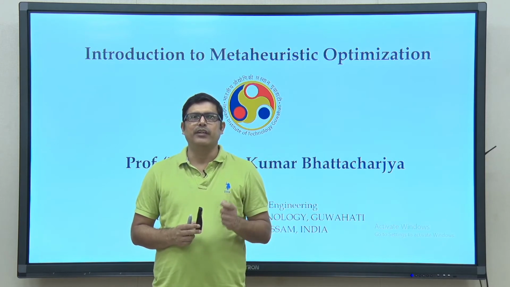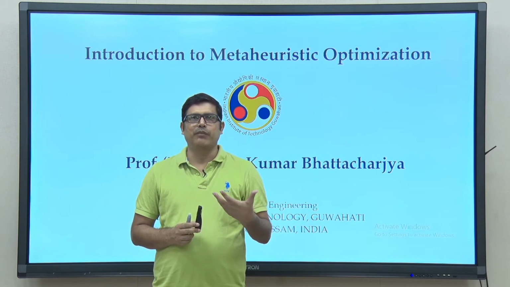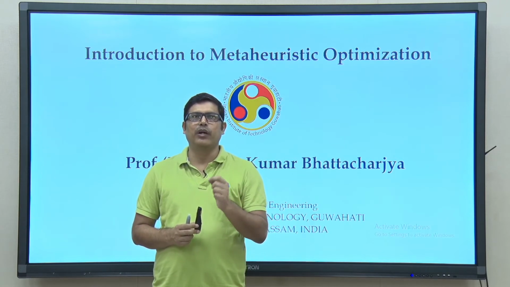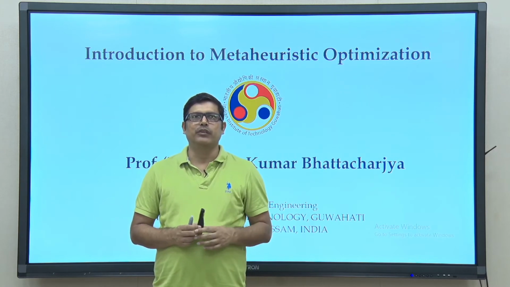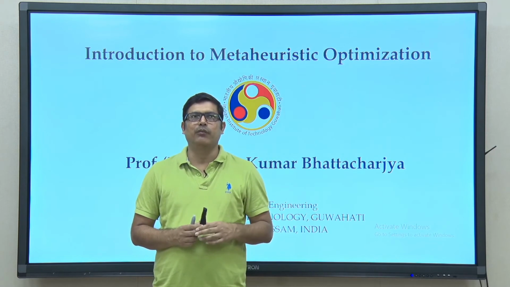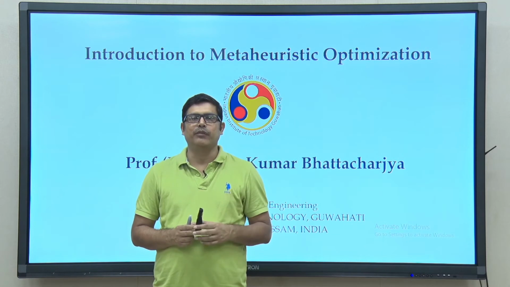That means there is only one optimal solution. Therefore, if we apply these algorithms to a non-convex problem, having more than one optimal solution, you are getting only a local optimal solution of the problem. So, you may not get the global optimal solution if you apply these algorithms.